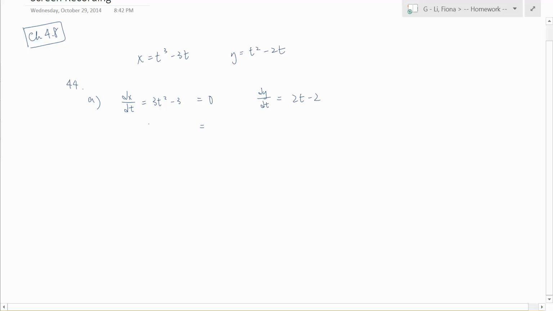And so let's factorize this. So we will get 3 times (t squared minus 1) equal to 0. And by the identity a squared minus b squared equals (a plus b)(a minus b), we can simplify this.